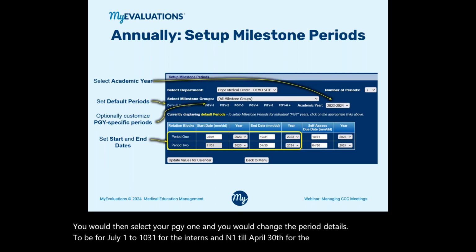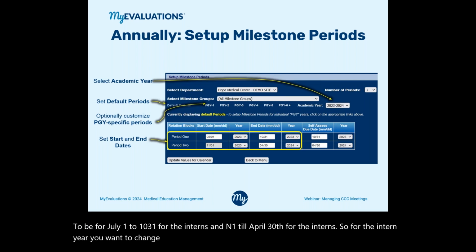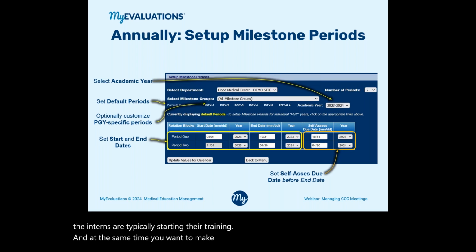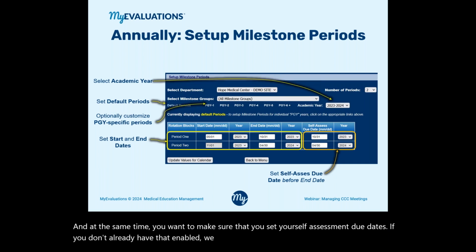So for the intern year, you want to change period 1 so the start of period 1 corresponds to when the interns are typically starting their training. And at the same time, you want to make sure that you set your self-assessment due dates. If you don't already have that enabled, we will discuss during this webinar how to enable those.